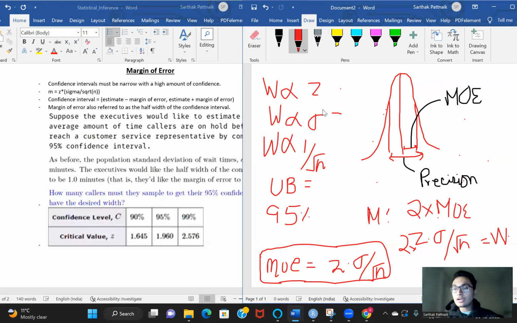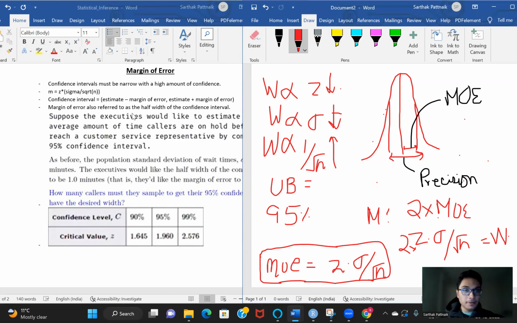Therefore, because we want a smaller precision or a smaller width for our results, we would ideally want a smaller value of Z statistic, a smaller value of sigma, and a higher value of the number of samples. This is ideally how we want our input to be.